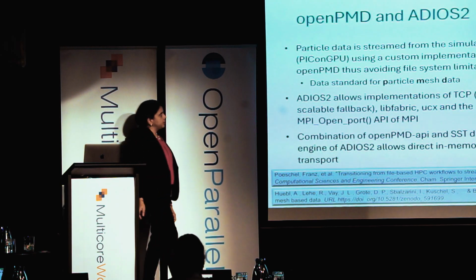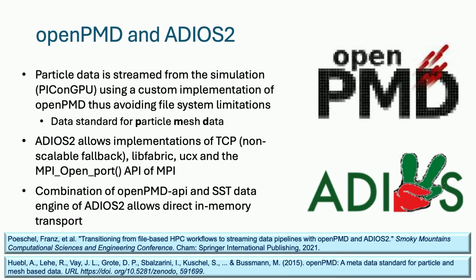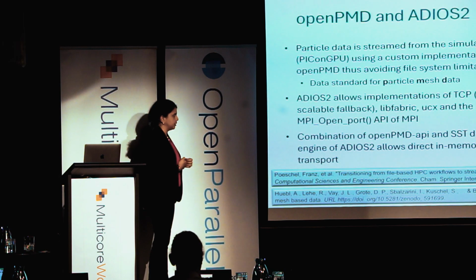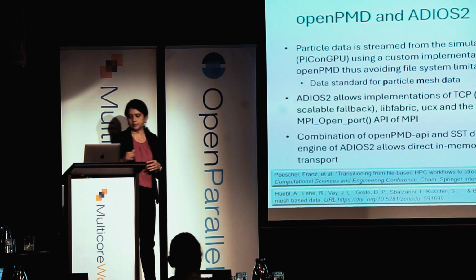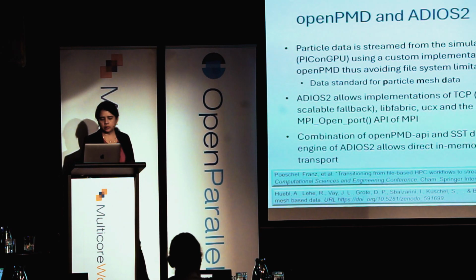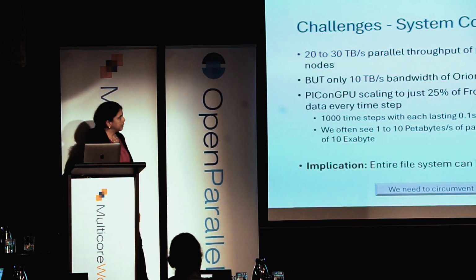We used openPMD and ADIOS2, you might be aware of these, where openPMD is a data standard for particle mesh data, and ADIOS2 is where you deal with the input-output and communicate between different nodes. So these are all established works. A lot of collaborators, working with Oak Ridge and Berkeley Lab, connected openPMD and ADIOS2 with our code, building the ML model, doing the in situ data analysis, learning, and then delivering the learning outcome.